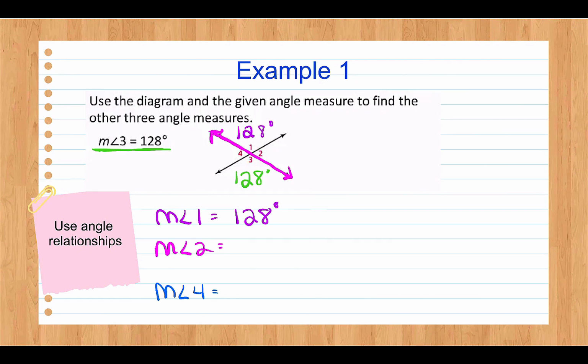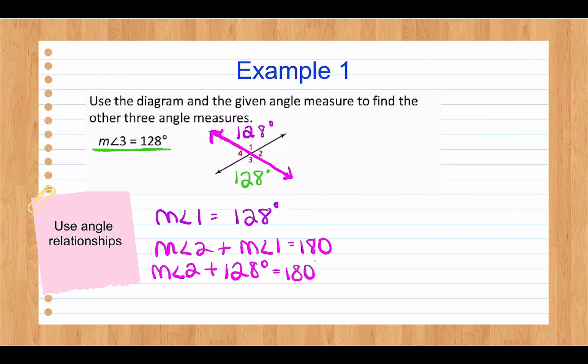So the measure of angle 2 plus the measure of angle 1, which is 128, equals 180 degrees.